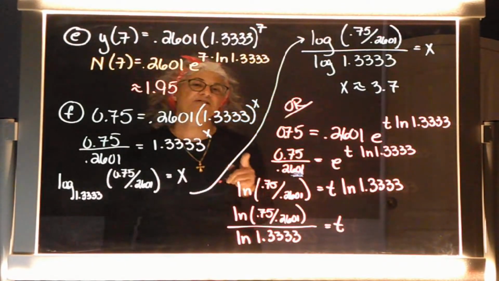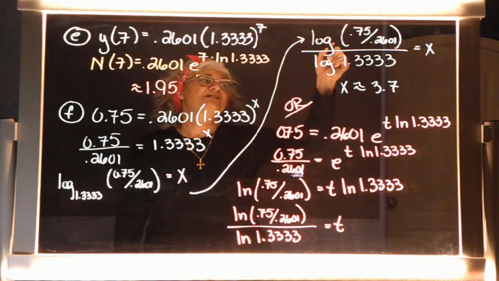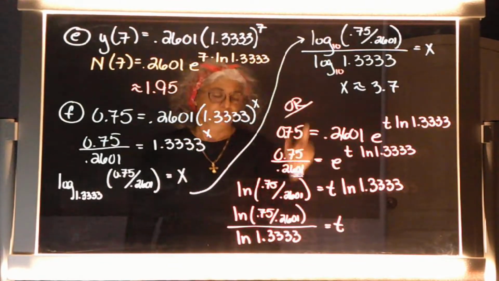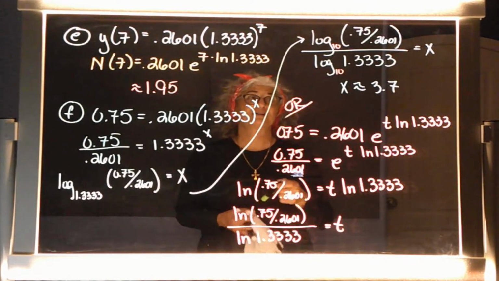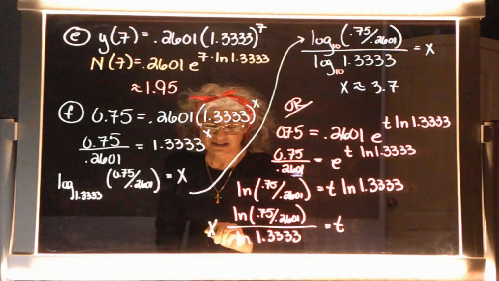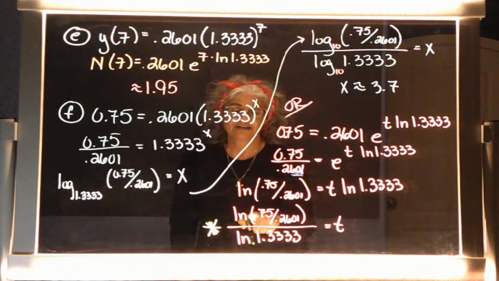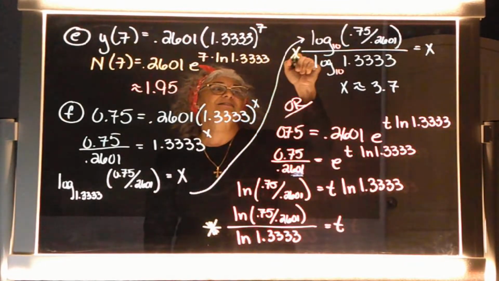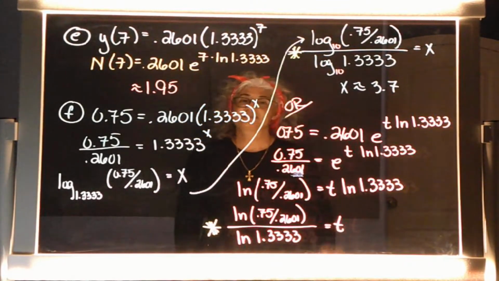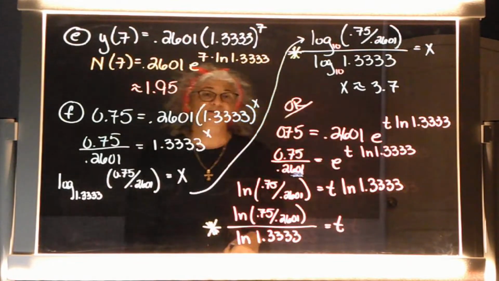Remember when you use the change of base formula, I can either change it to base 10 or I could change it to base e. Believe it or not, right here, natural log of 0.75 divided by 0.2601 divided by this other natural log is exactly the same as this one, except one's base 10 and one is base e.